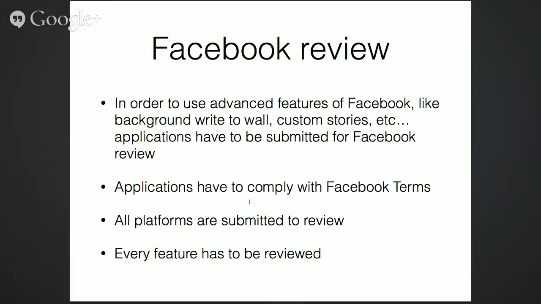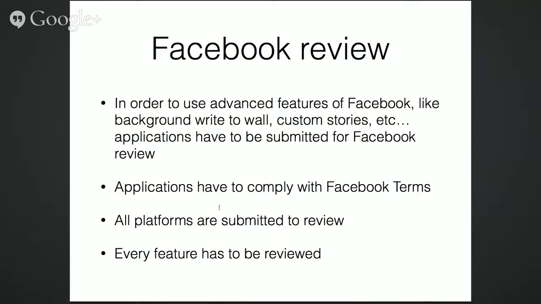And if one platform fails, the review will be declined. And every feature has to be reviewed. Even if you make some small modifications to an already approved feature, you have to reapply for Facebook review, which lasts about 3 to 10 business days.